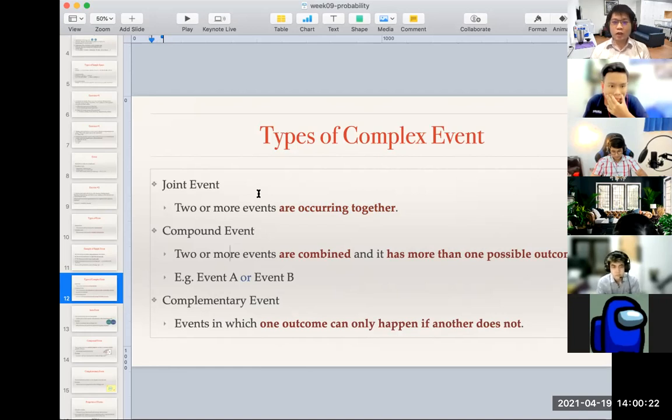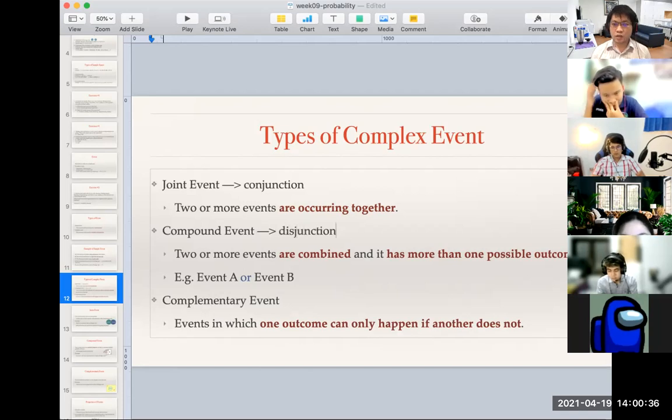You can think of a joint event here as similar to using conjunction, using and. For the compound event, you can think of it as using disjunction: event A or event B, or it can be both event A and event B apply.